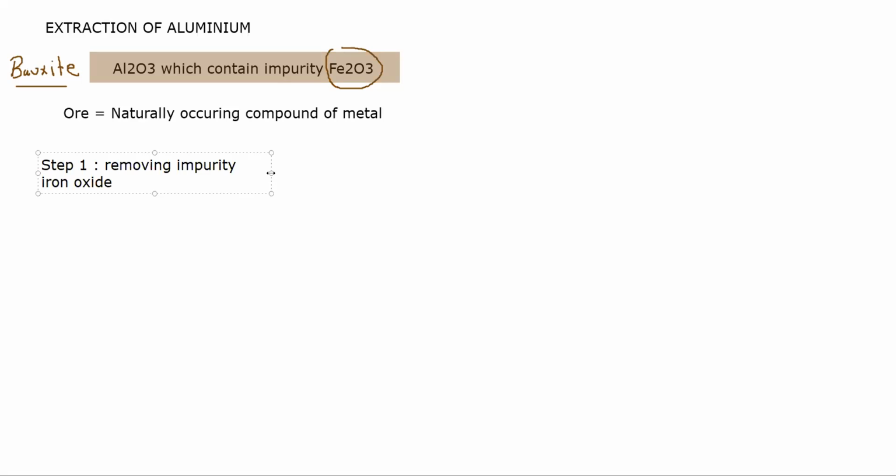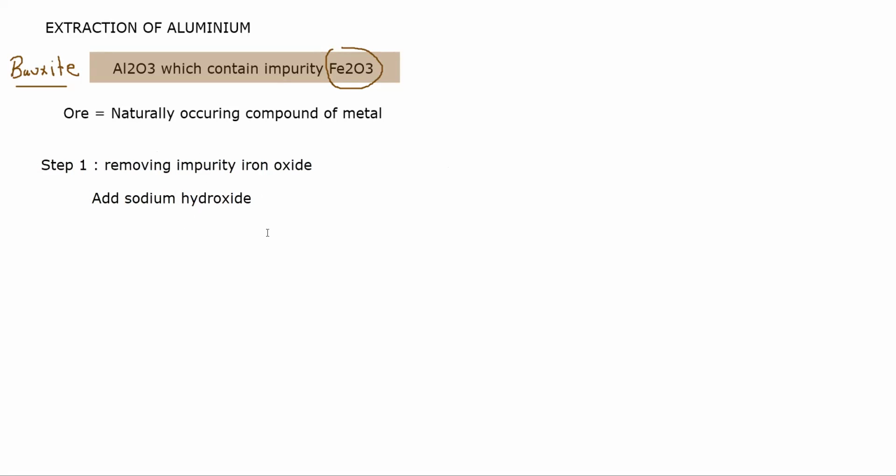So first we have to remove the impurity iron oxide. For this purpose, we add sodium hydroxide.